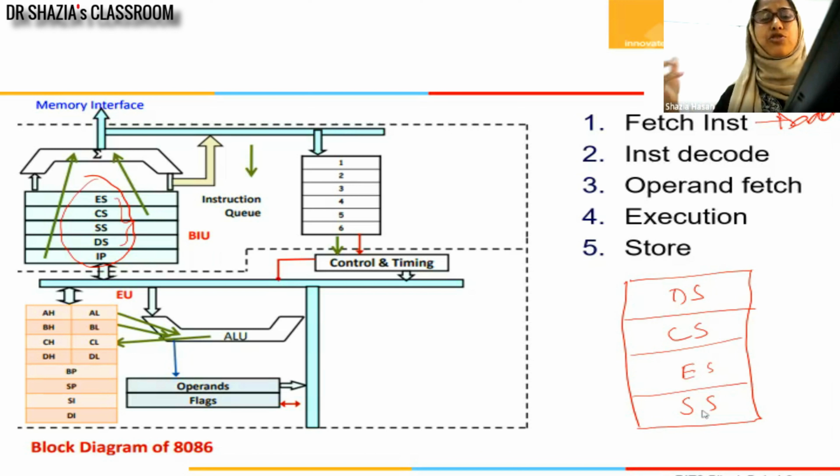Similarly, data are stored in the data segment part of your memory. Stack segment, I will come to in detail when we use the stack pointer or stack segment. Whenever you go for string operations, we generally use the stack segment, and in the extra segment you can store anything. Yes, so these are the physical memory.